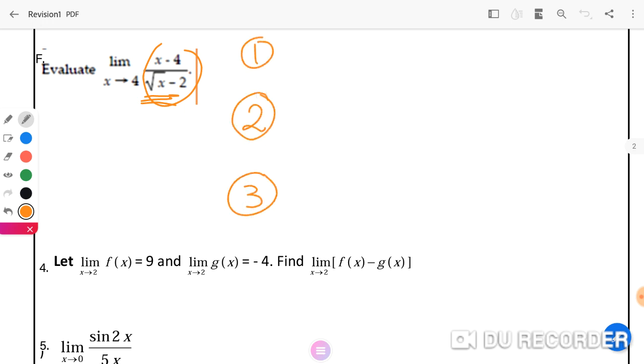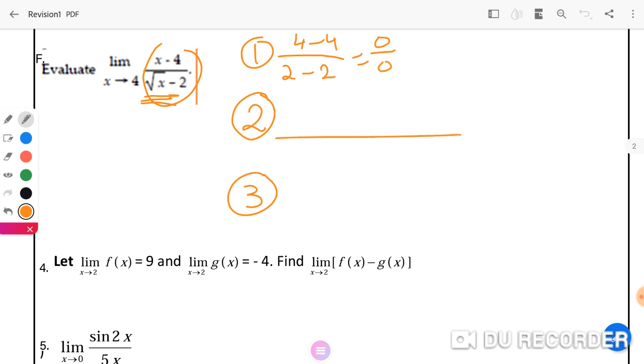Okay, the first step, substitute: 4 minus 4 over square root of 4, which is 2, minus 2, gives 0 over 0, undetermined. Redefine the function because the limit exists, but I need to write the function in another form.